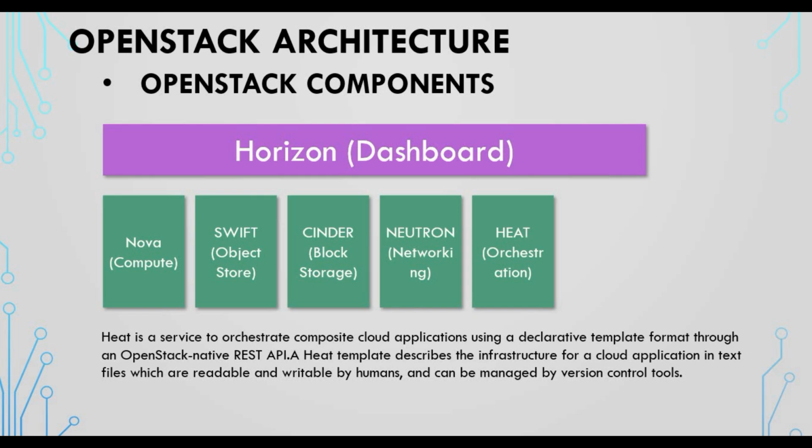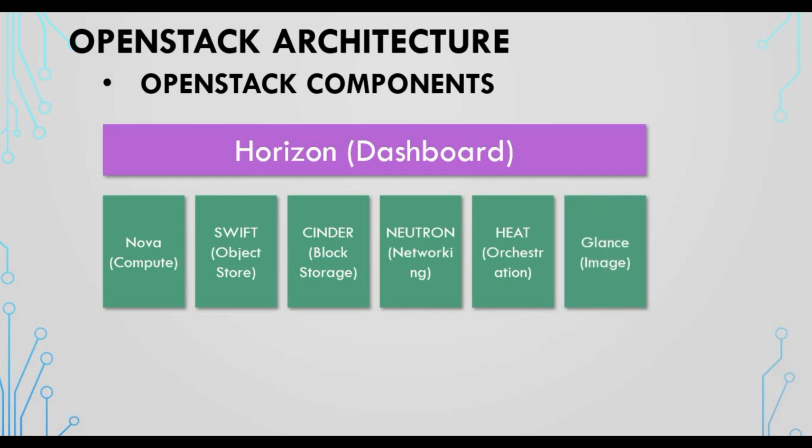Orchestration means you have YAML files or templates where you define some components, and once you run it, it will deploy them. So in order to deploy something on your OpenStack, you can use Heat templates as a readable, writable format in a text file, and then it can be stored in a version control tool like Git or Subversion, and you can manage it.